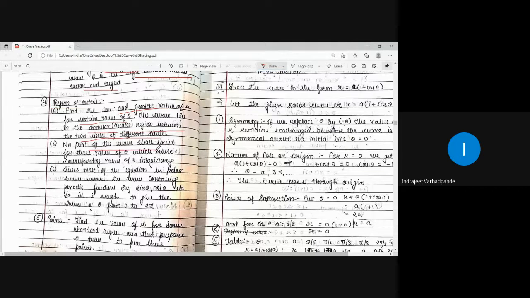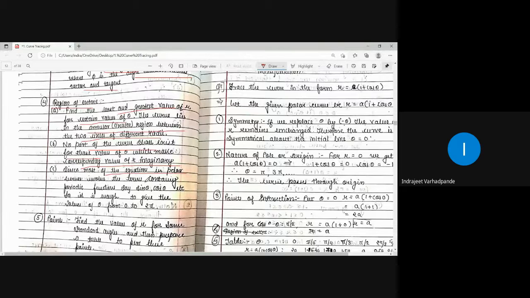No part of the curve shall exist for those values of theta which make the corresponding values of r imaginary. Whenever the value of r is imaginary, those points are not considered. So we should not consider those theta which make r imaginary.